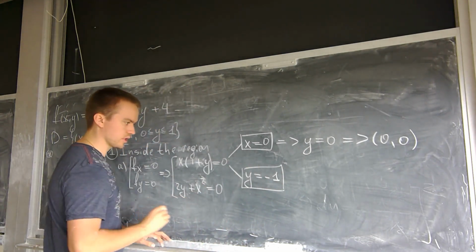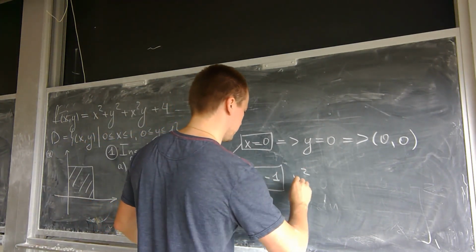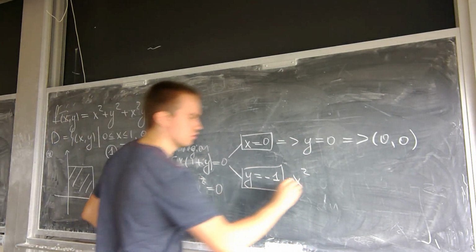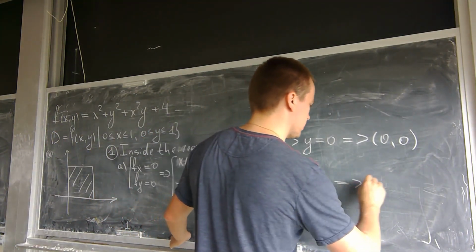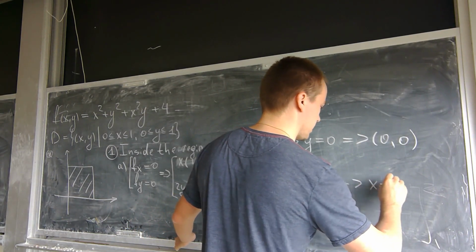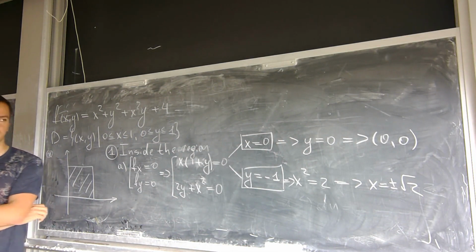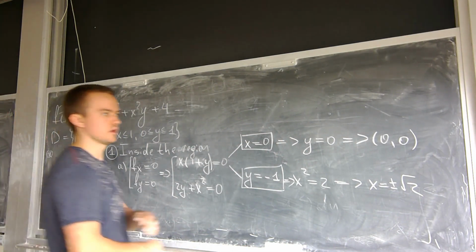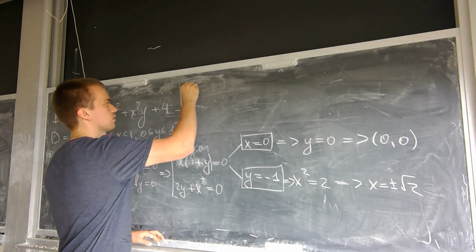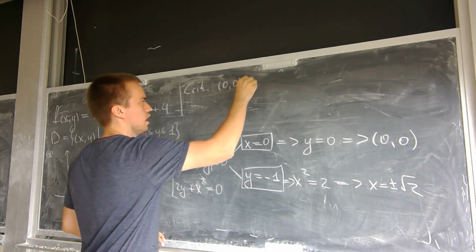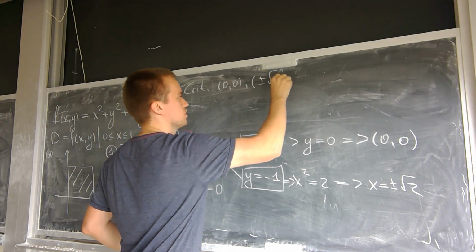I'm going to plug it in over here, so we'll get x squared equals 2. So from here we'll get that x equals plus minus square root of 2, yes? So how many critical points do I have? 3. So my critical points, you can write it down here, are (0, 0) and (plus minus square root of 2, 0).